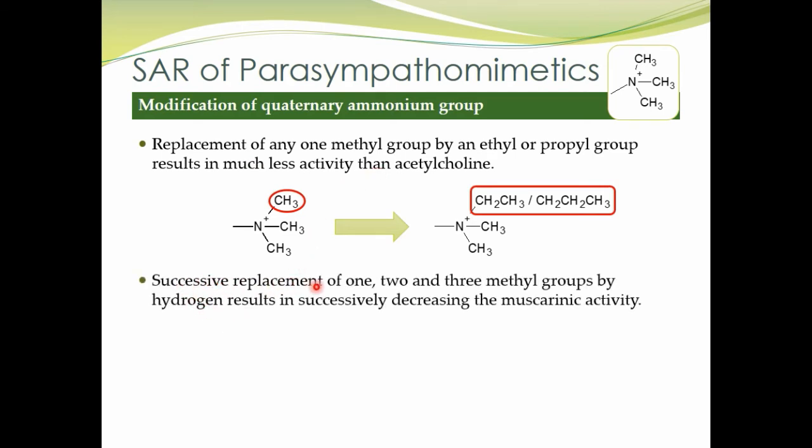Next is successive replacement of 1, 2 and 3 methyl groups by hydrogen results in successively decreasing muscarinic activity.